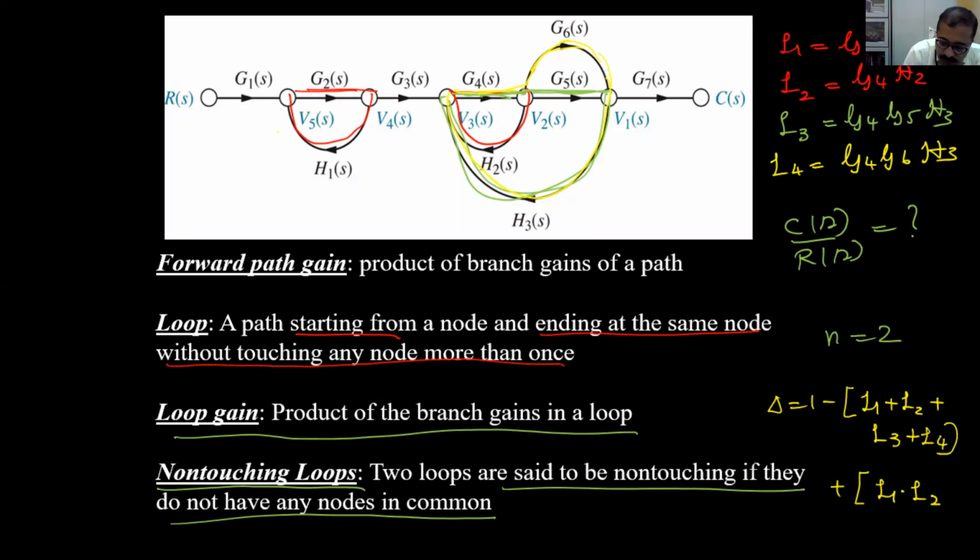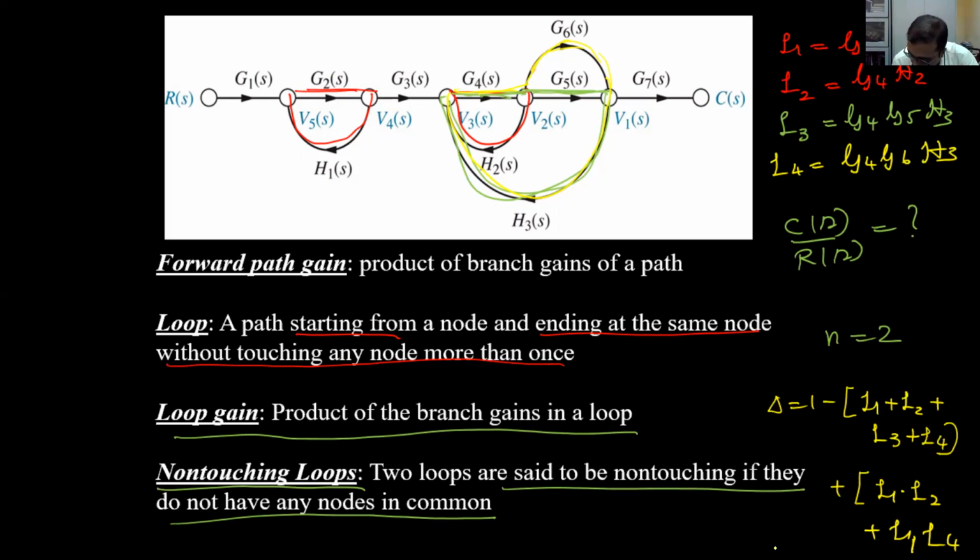Okay, so sum of gain product of all possible combinations of 2 non-touching loops. Now this G2H1 and G4G6H3, that's another possible combination. They are not touching each other. So we can write plus L1 into L4, where G4G6H3 is L4. Then this L1 and this green thing G4G5H3, L3. L1 and L3, they are also non-touching.